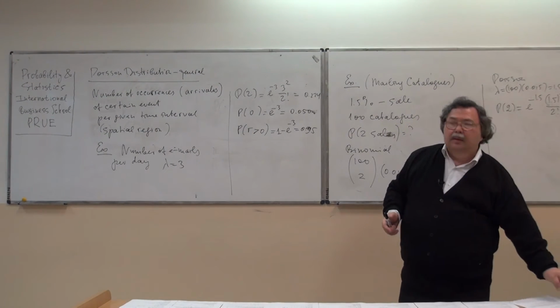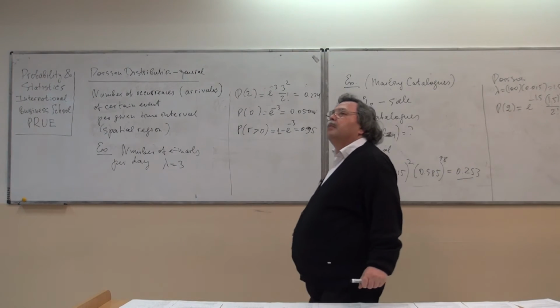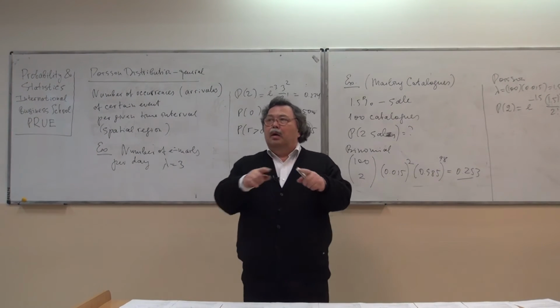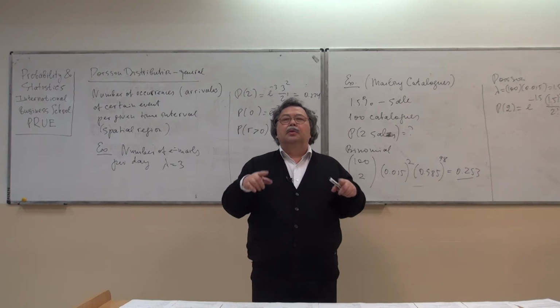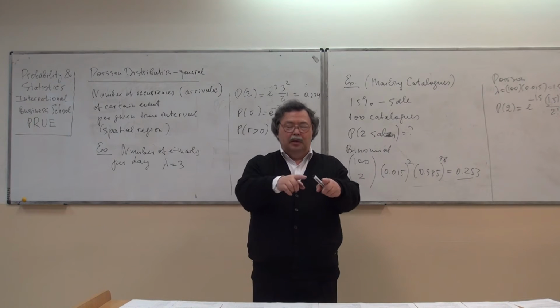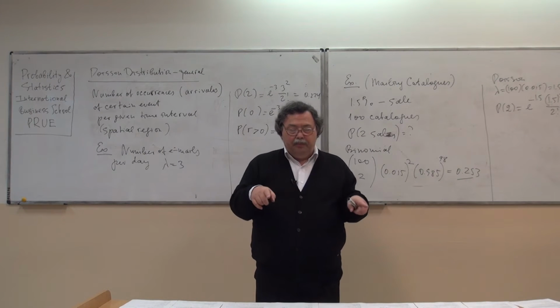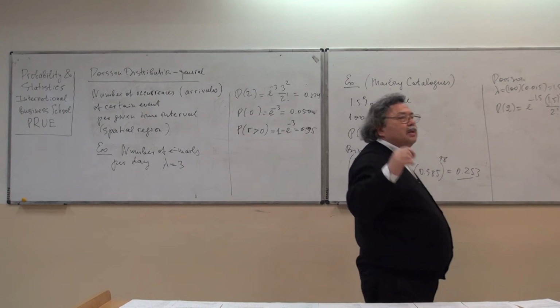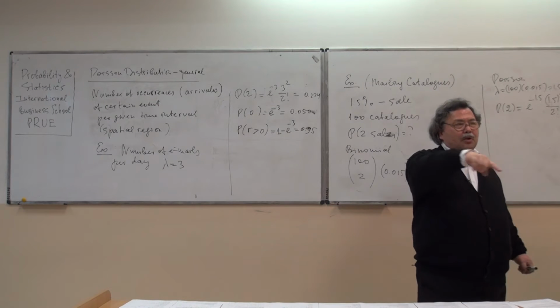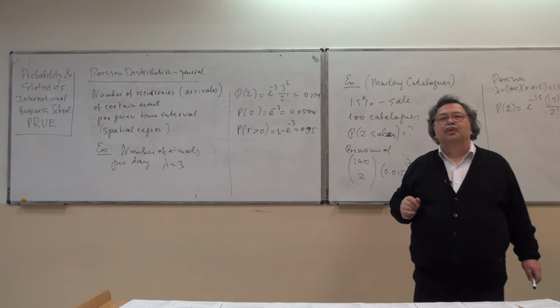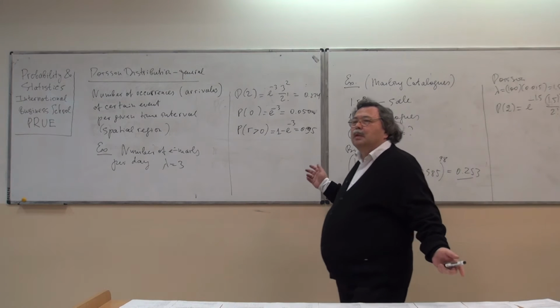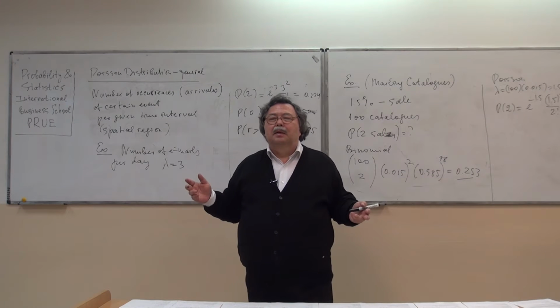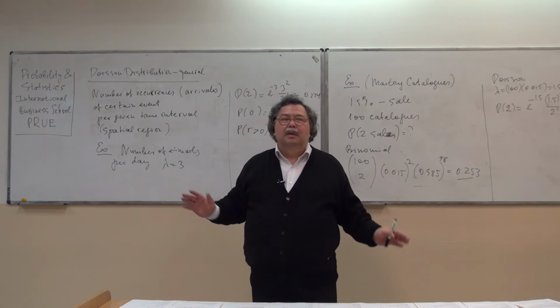Well, another example like this. We can record during a rain. We can look at a particular area of the ground and record the number of raindrops that fall on this chosen area per unit time. Say, per minute, per second, whatever.